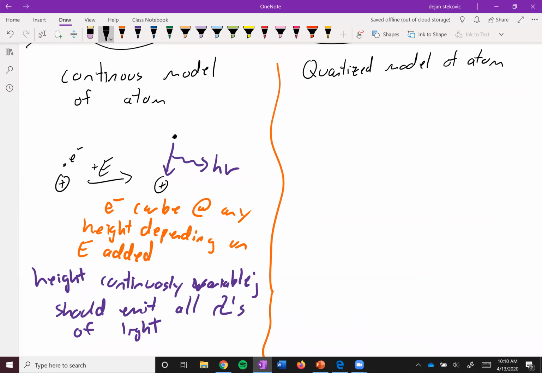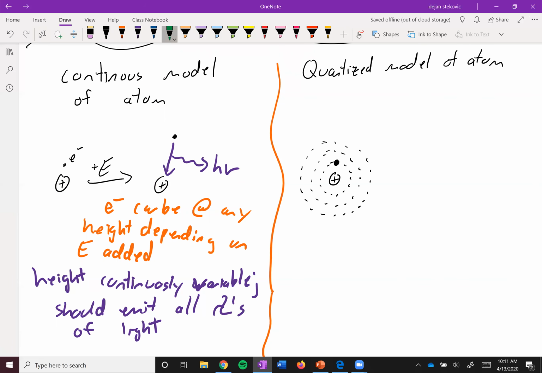The other model of the atom is the quantized one. So again, we have our nucleus in the center, but now we say that this electron here can only be in certain energy levels. It's quantized, only in certain steps. So it can be somewhere on these little orbits that I've drawn, but it can't be in between them.